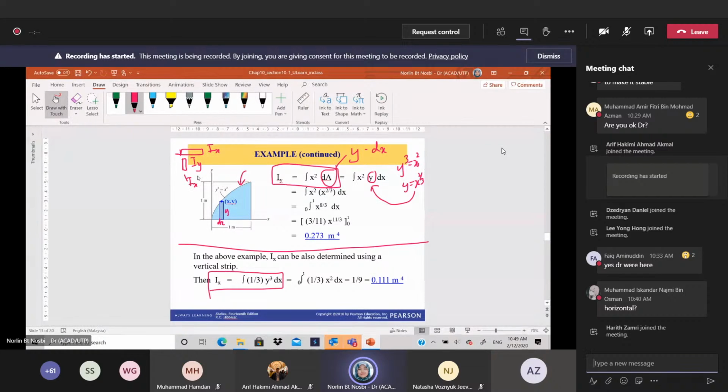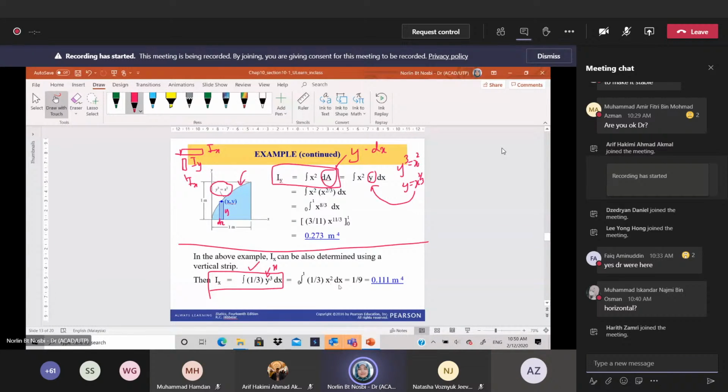Now the derivation is on x, so you need to change this y to x. From the curve, you need to replace y to the power of 3, so it will be x squared. We just change it into x squared. So 1 over 3 x squared dx.